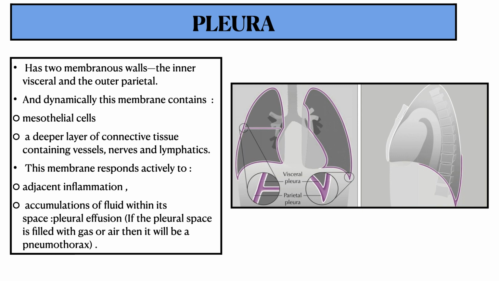This membrane also responds actively to adjacent inflammation and to accumulations of fluid within its space, and this reaction is called a pleural effusion. Otherwise, if the pleural space is filled with gas or air, then it is known as pneumothorax.